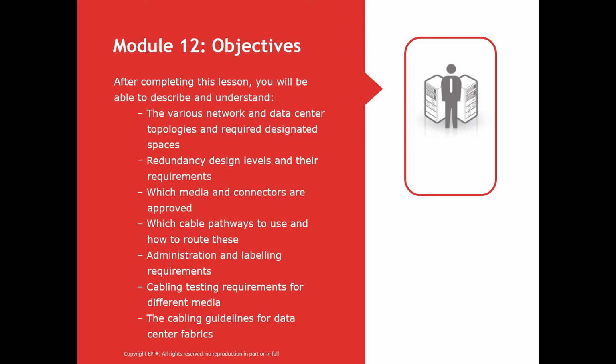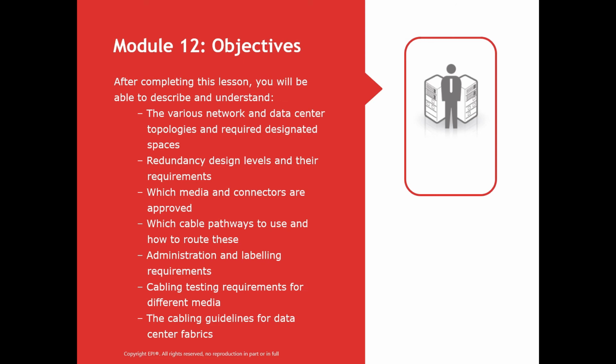We also need to consider cable pathways and risers and ducts and how to route them to the critical spaces. We also need to consider how to administer and label, because TIA is very strong on having appropriate controls around labeling of the telecommunication infrastructure and critical electrical and mechanical systems.